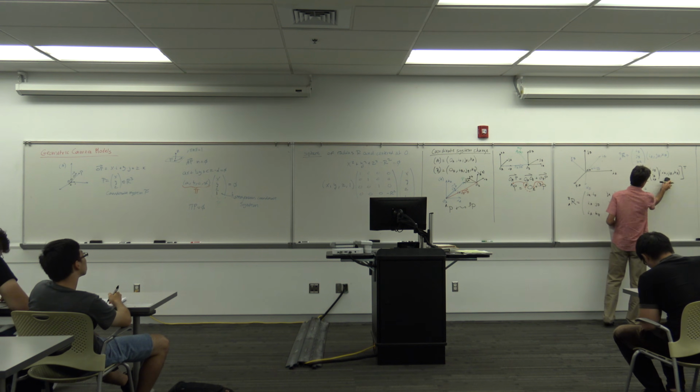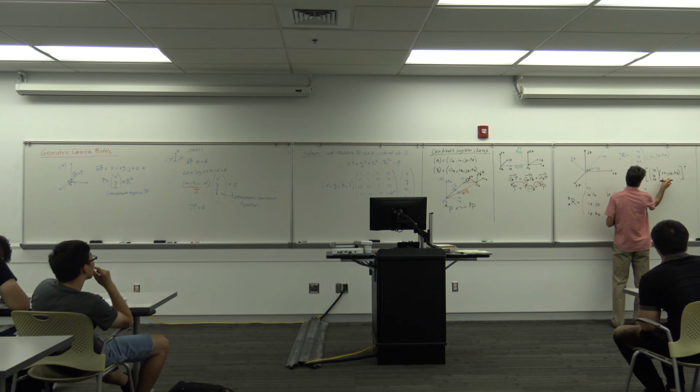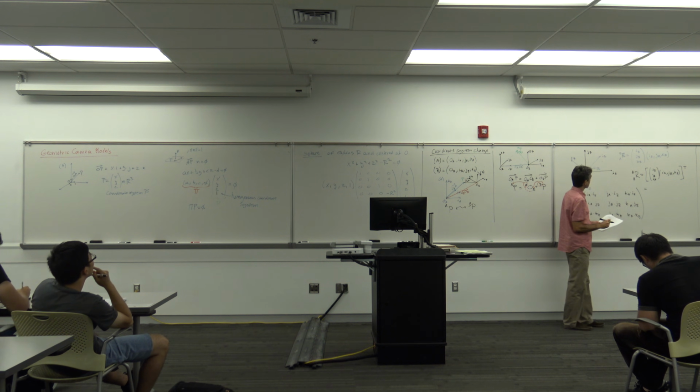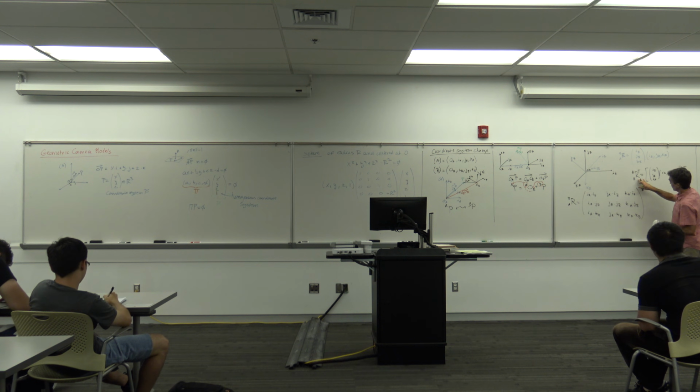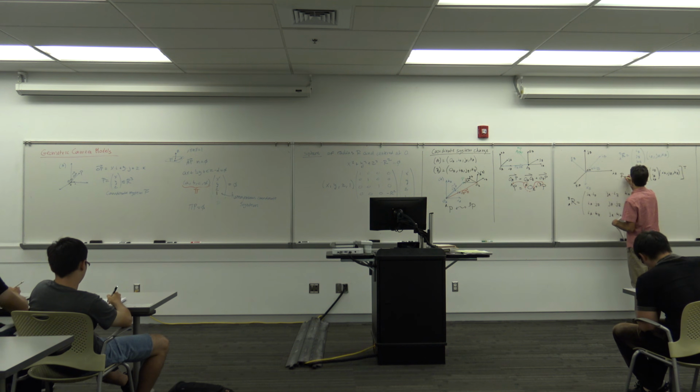This is AB, sorry. So this is projecting B onto A, so this would be BA. Okay, sorry. So now, if I transpose this, that is the same as the rotation from A to B. That's what we said.